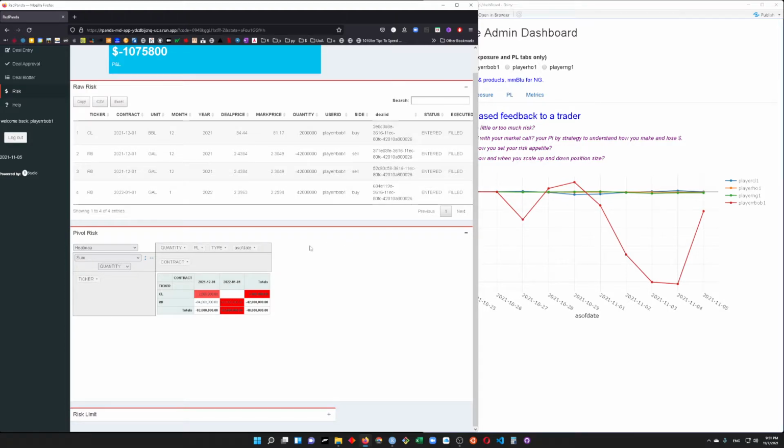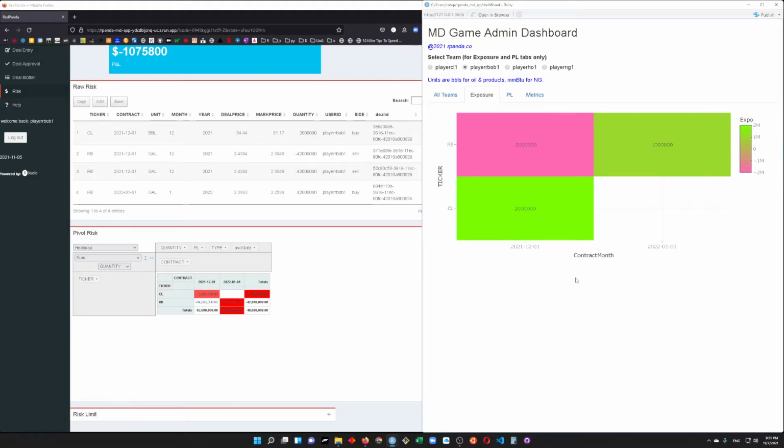Now, if I look at the exposure over here, what I'd mentioned before were the units of the contract. So in this view, I show the same team on the same day converted to a common unit, in barrels. What is important when you think about linking the profit and loss to the positions or strategies that you had is to be able to decompose what the positions are.